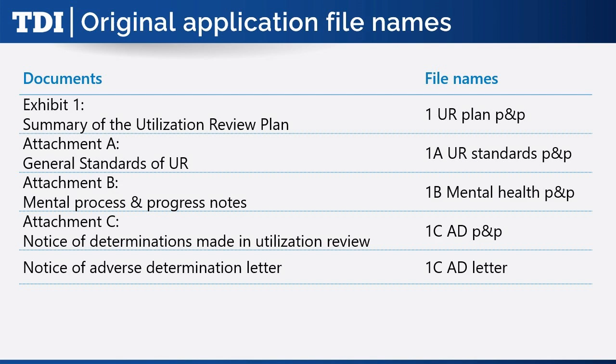For example, for the naming convention 1A UR Standards P&P, the sequence 1A means Attachment A within Exhibit 1, and UR Standards P&P is a reference to the Required Policies and Procedures document that addresses the Utilization Review Standards.